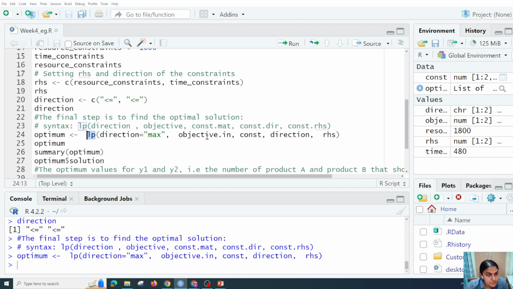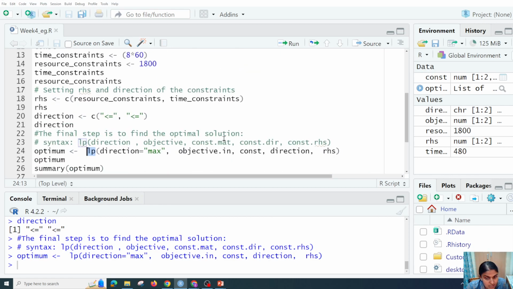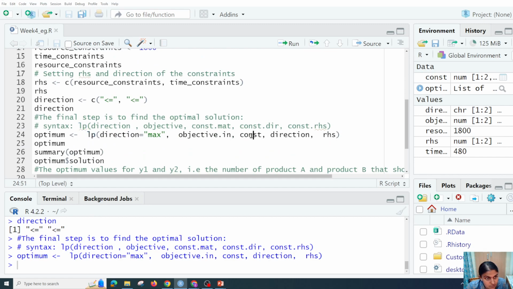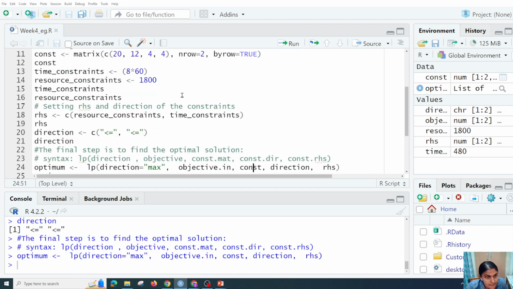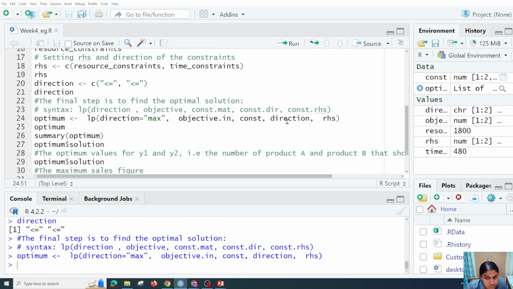Objective.in will give the objective, 25y1 plus 20y2, that was the objective, and then the constraints matrix will give the different constraints, direction less than or equal to, less than or equal to, and RHS 1800 and 480 minutes.